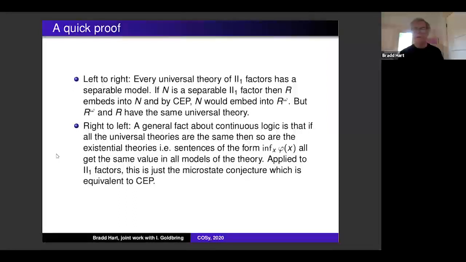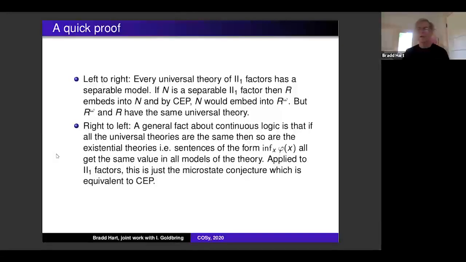Okay. Going from right to left is even more fun because it's just a general fact about continuous logic that if all your universal theories are the same, then so are your existential theories. Those are sentences of the form inf over x of phi of x. And if you stare at this long enough, you realize that this would mean you've got the microstate conjecture holding, right?